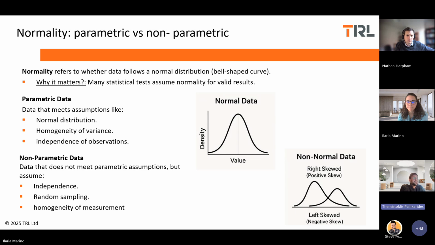Because they follow different assumptions, and these different assumptions will help you later on identify which test is more appropriate to use. Parametric data follow assumptions such as normal distribution, homogeneity of variance, and independence of observations. Non-parametric data follow the assumptions of independence, random sampling, and homogeneity of measurement, but they do not follow the assumptions of parametric data.